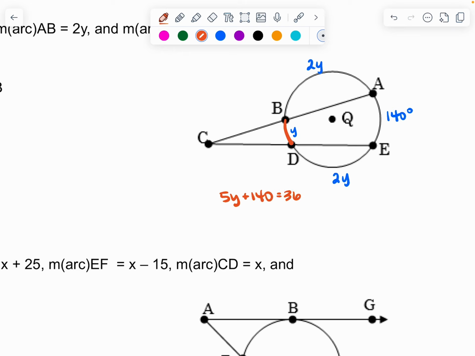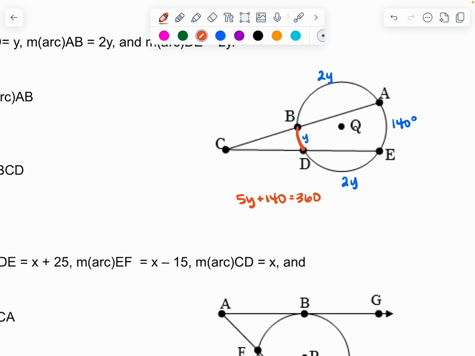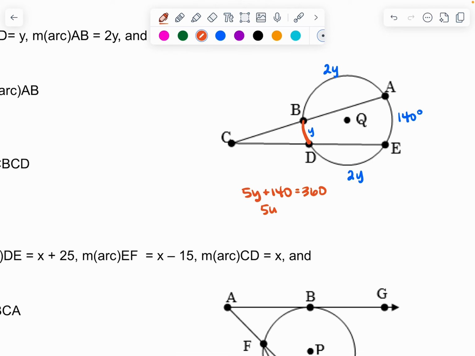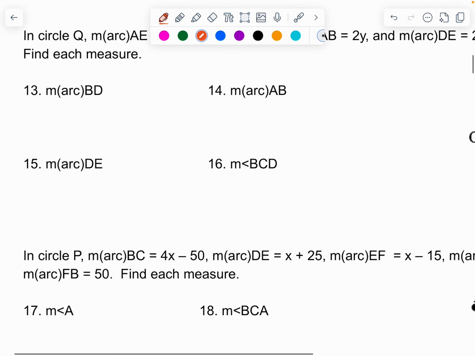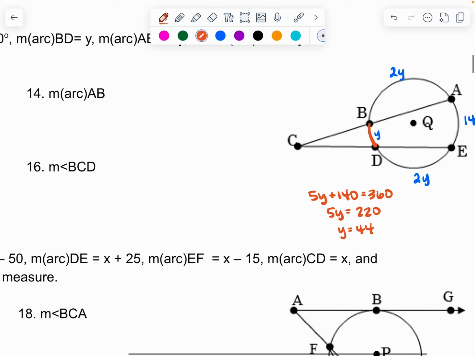And all of that has to add up to 360 degrees. So we can just solve that algebra equation. That's going to leave me with 220, so y is going to equal 44. That gives me the measure of arc BD, 44 degrees.